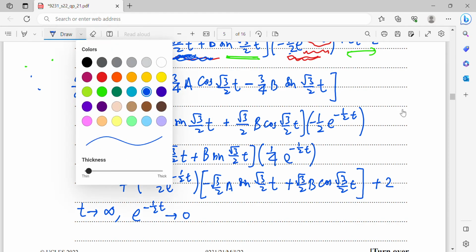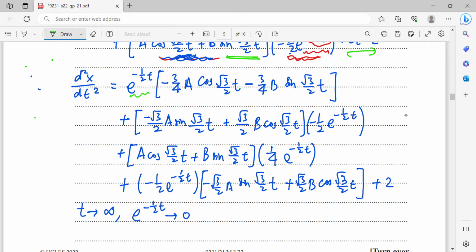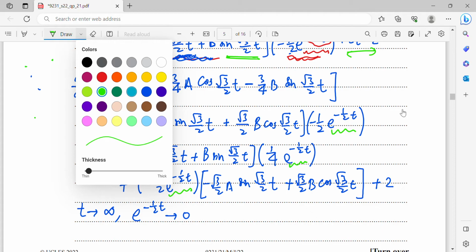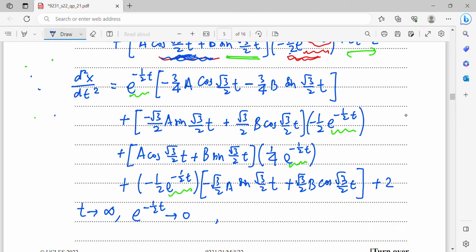So when this tends to 0, this is 0, this is 0, this is also 0, meaning 0 times the bracket will be 0. So the first four terms will be 0, and our answer is just the last term. D squared x over dt squared will tend to 2. So that's the solution for this question.